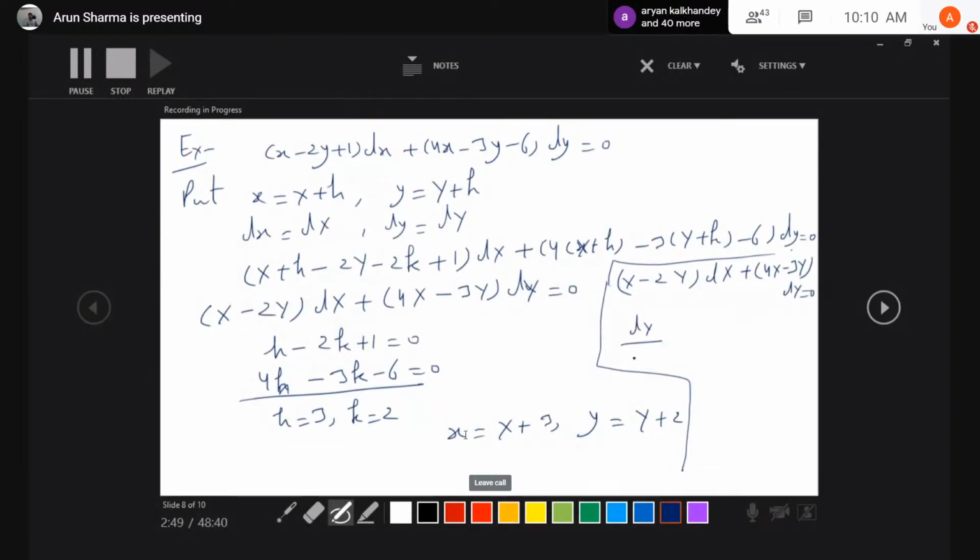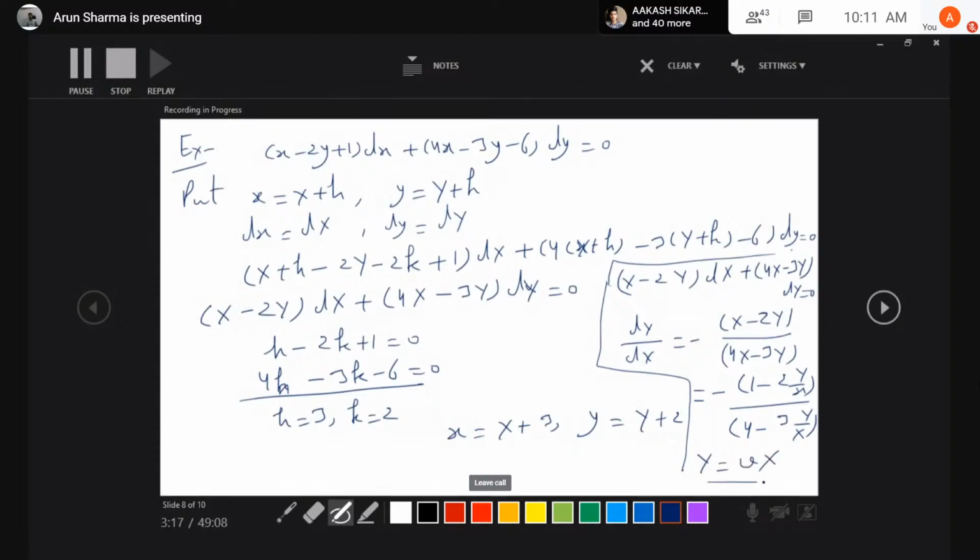So dY upon dX would be minus (X minus 2Y) on (4X minus 3Y), and it would be (1 minus 2Y upon X) divided by (4 minus 3Y upon X). And then just do Y equals to vX, and you can solve it. Yes, any question?